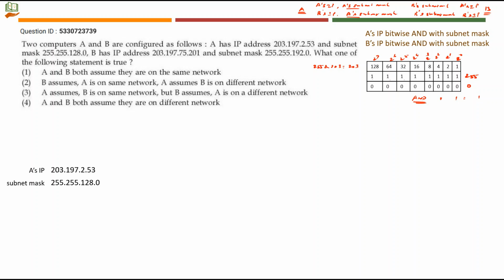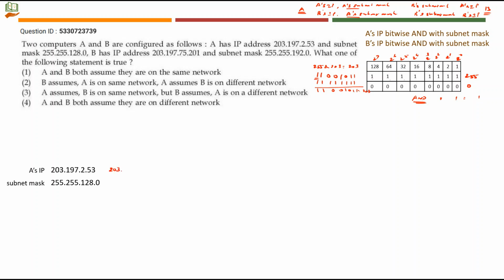So we will have 1, 1, 0, 0, 1, 0, 1, 1 in 203. When you do AND operation with 255, wherever you have 1 in 203, those places will again be 1, which will give you 203. So when you do AND operation with 255, the same number will be repeated. So in this case we can retain 203 as it is.